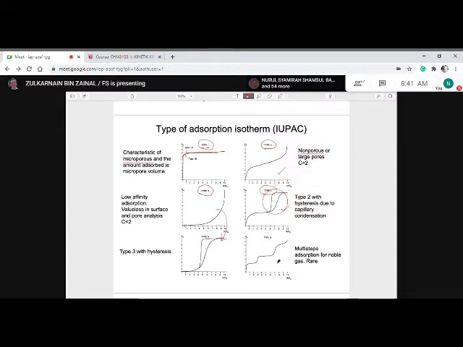And you can also have this type of adsorption where it forms multi-step adsorption, for example, adsorption of noble gas. And this type of adsorption is quite rare.